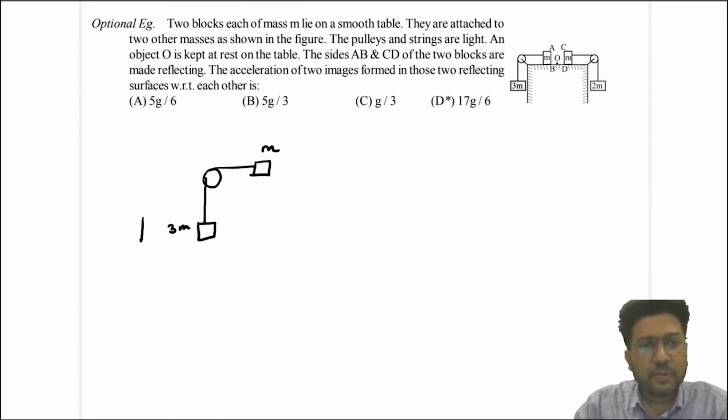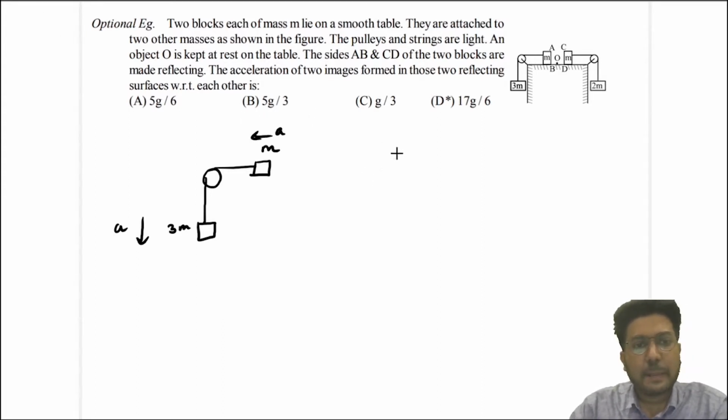Suppose this is moving downwards with an acceleration A, then this will move left with an acceleration A. One thing we can do here is take these two together as the system. So the net force on this two block system will be 3mg, right? And this will be equal to 4m into A, right?